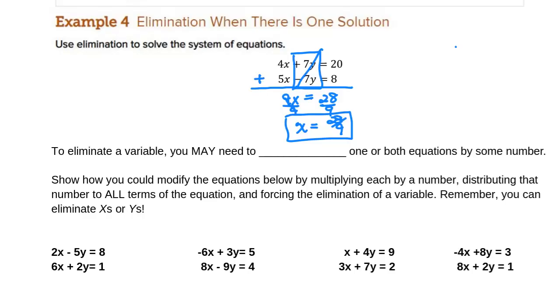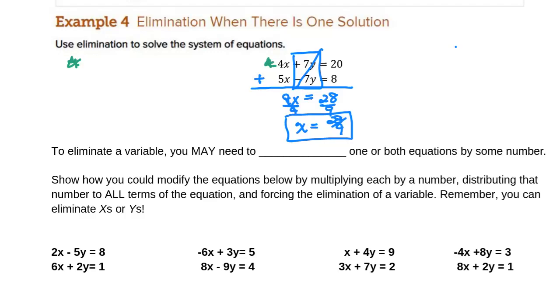So I need to substitute that back into either one of my equations, and unfortunately neither one looks great. I'm probably going to substitute it back in that first equation.